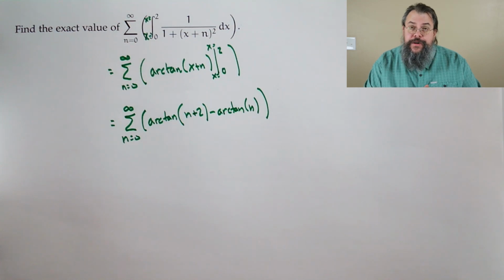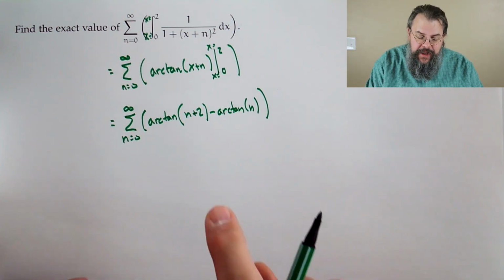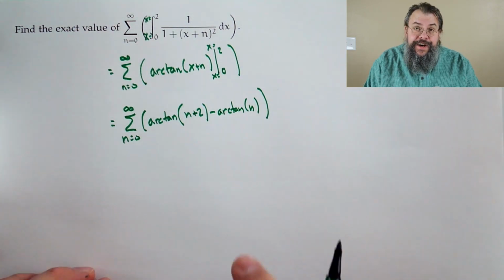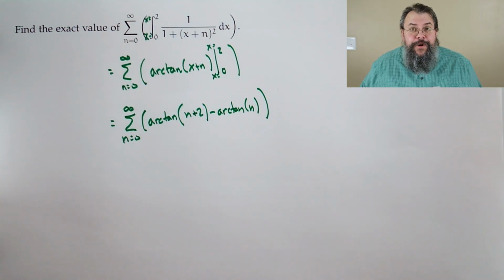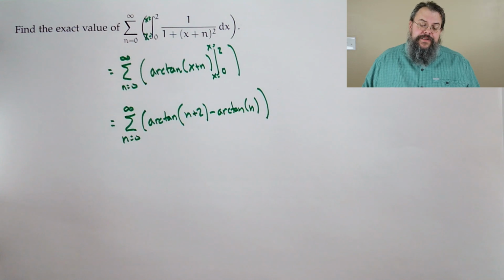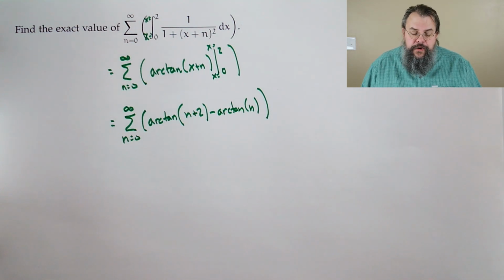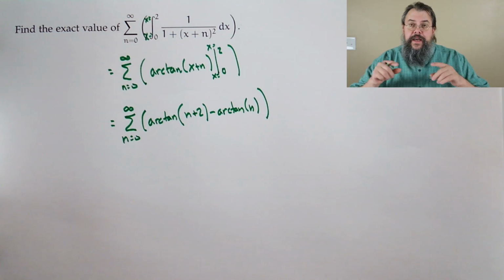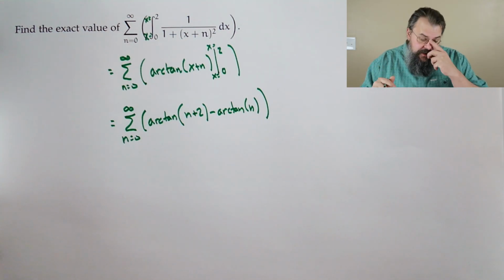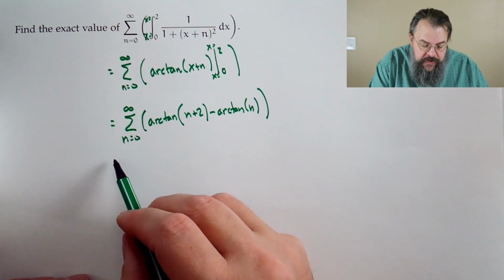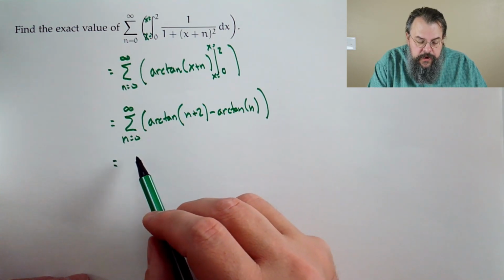All right, great. Now, where to go from here? Well, it looks telescoping because it is, right? We say, hey, there's this subtraction going on. Good stuff. When we see subtraction, that's a sign that says, we could actually combine these together and get cancellation. Okay, so let's see what happens here. So, what do we see?